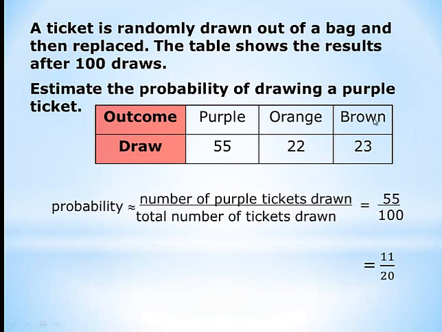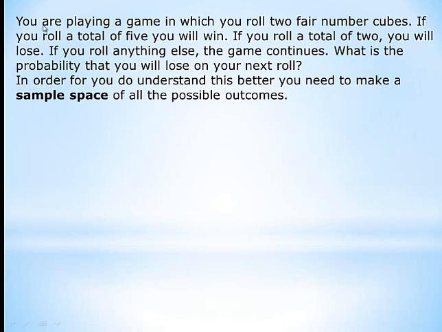So, looking at this set of information, what can you deduce given how many purple, orange, and brown were drawn? That orange and brown probably had an equal number of tickets, while purple had a double number of tickets as orange or brown. Excellent.